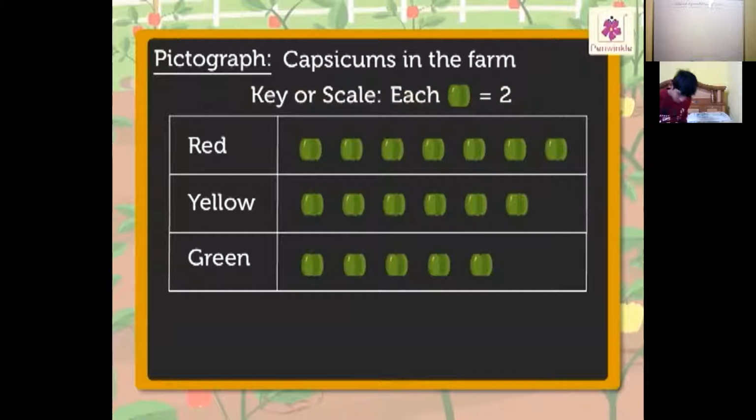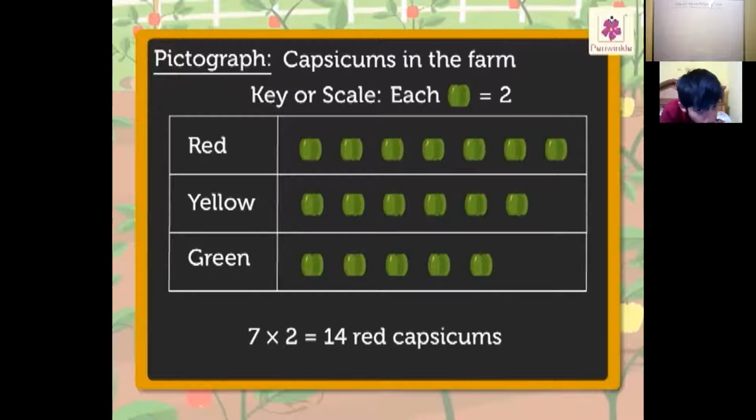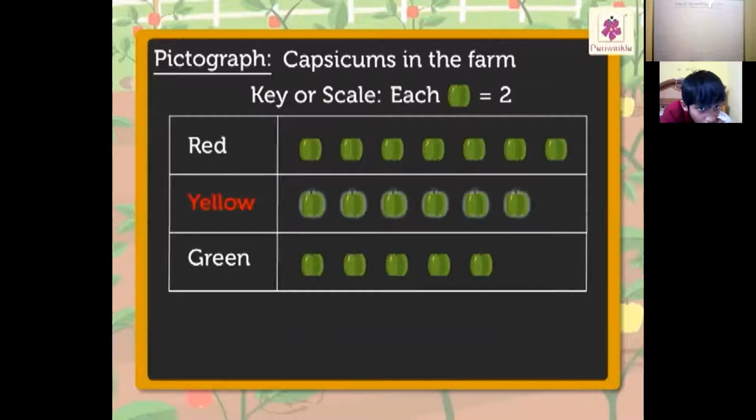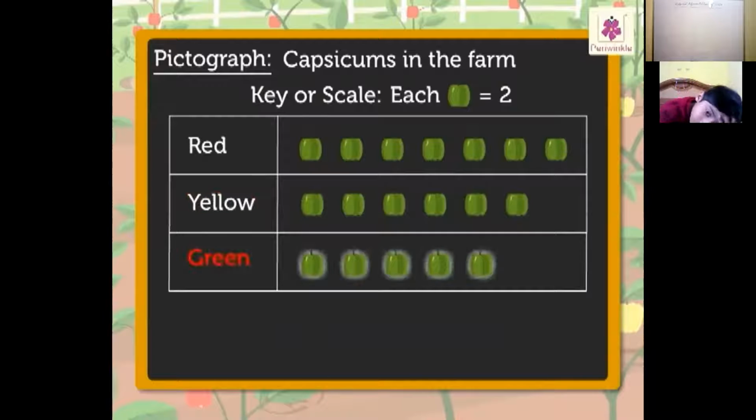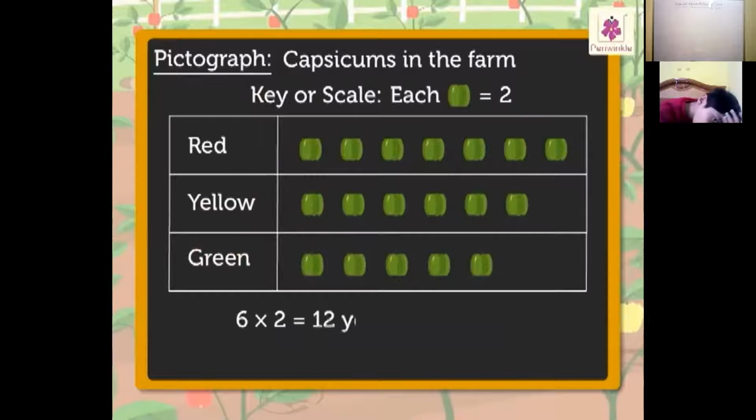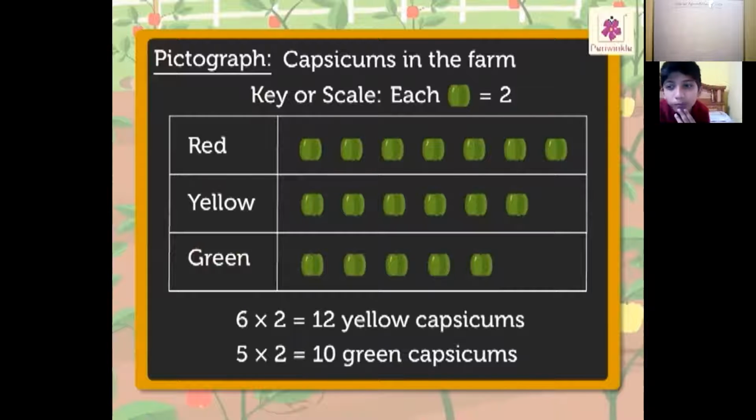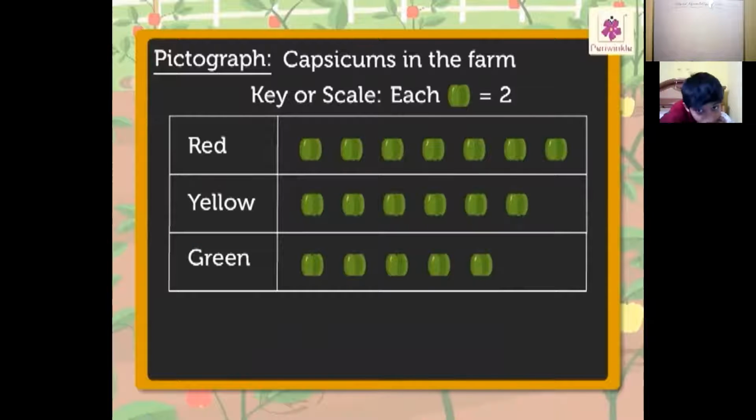So let us count the number of capsicums in the farm. There are 7 red capsicums. That means 7 multiplied by 2 is equal to 14 red capsicums. Accordingly, we can find out the yellow and green capsicums. There are 12 yellow and 10 green capsicums on the farm.